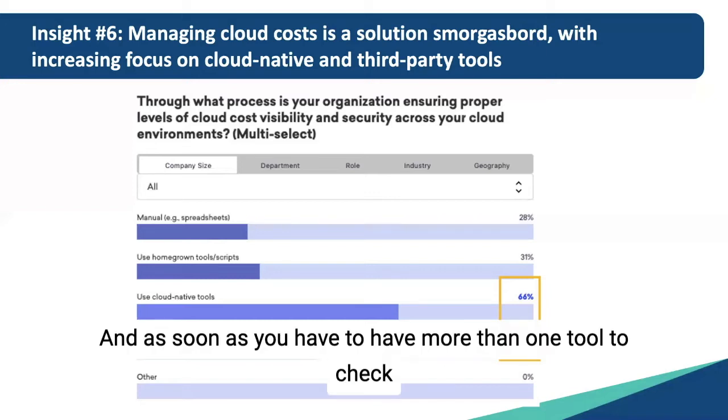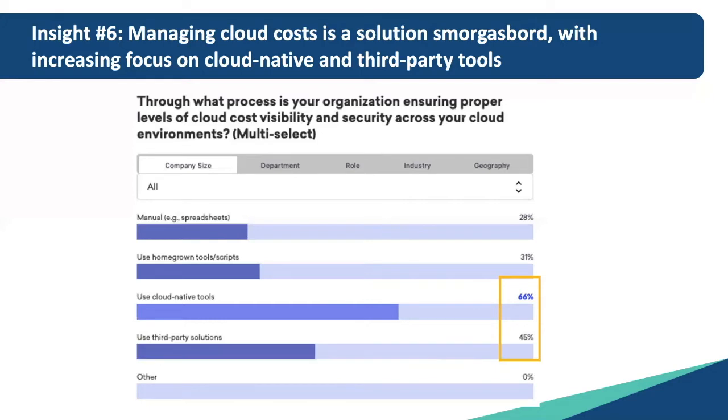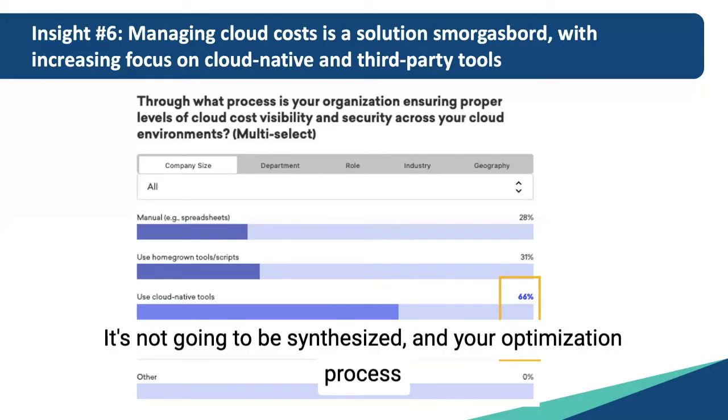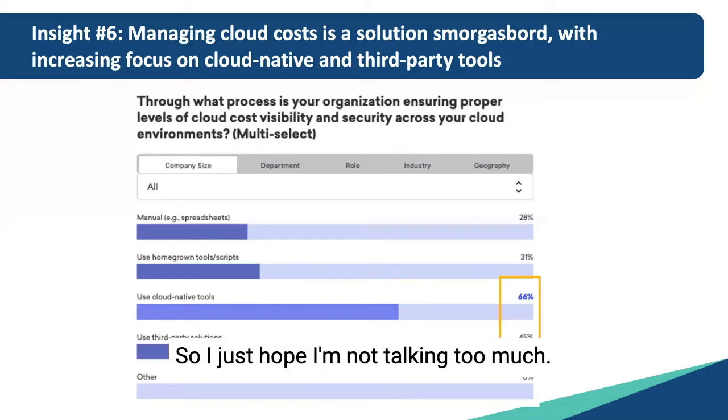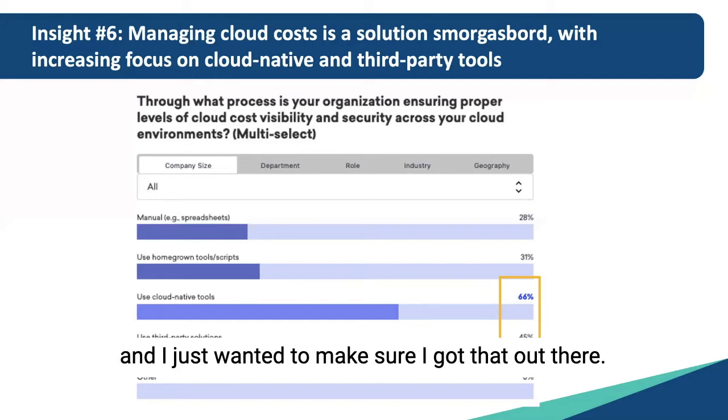As soon as you have to have more than one tool to check on what's happening, there's a possibility for error. You're going to miss things. It's not going to be synthesized. And so your optimization process is itself not going to be optimized. I hope I'm not talking too much, but I've had a lot of thoughts about this particular slide, and I just wanted to make sure I got that out there.